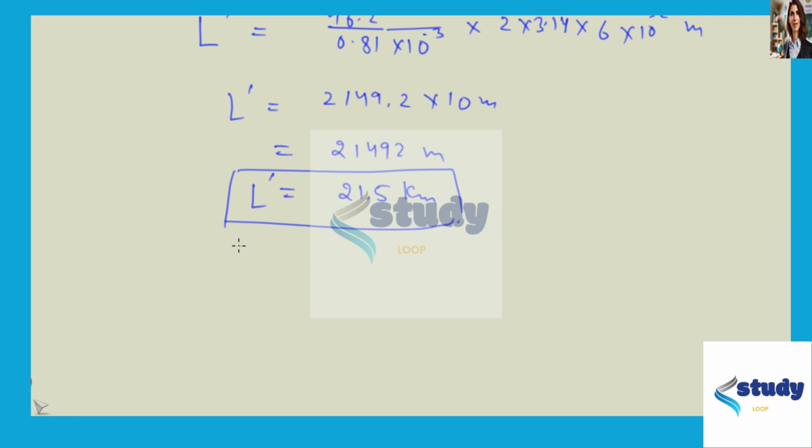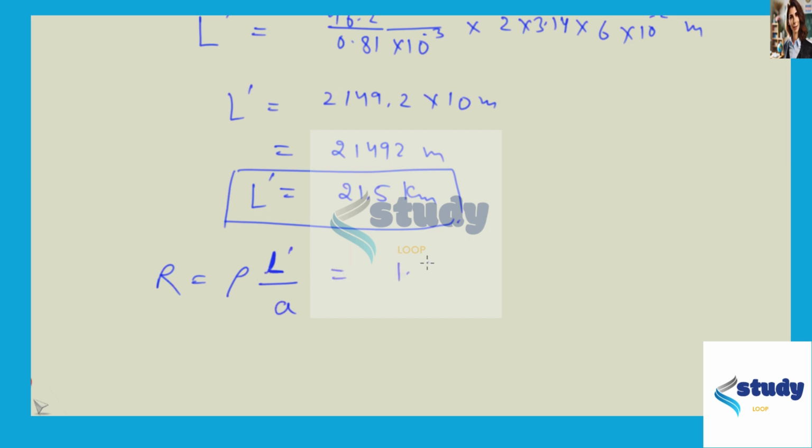Now we have to find the resistance of the whole wire used to obtain this solenoid, and that will be given by the expression R is equal to rho l dash by A, where l dash is the length of the wire, small a is the area of cross section of the wire, and rho is the resistivity of copper.